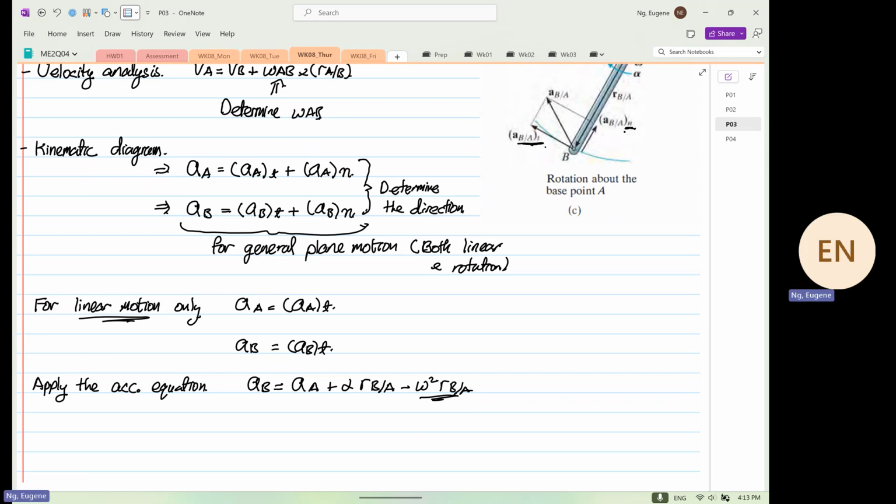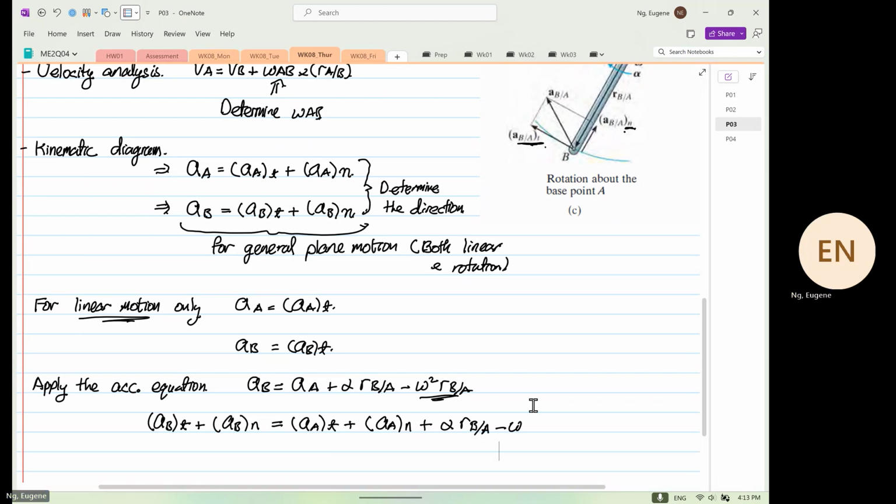So if I were to expand this equation, what you will have is this: AB tangential plus AB normal will be equal to AA tangential plus AA normal plus alpha RB/A minus omega squared RB/A.